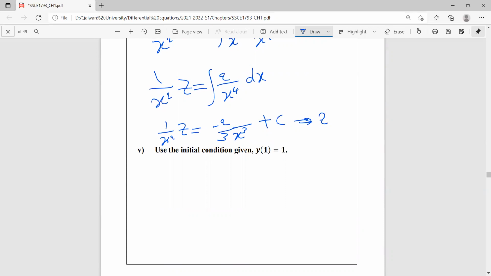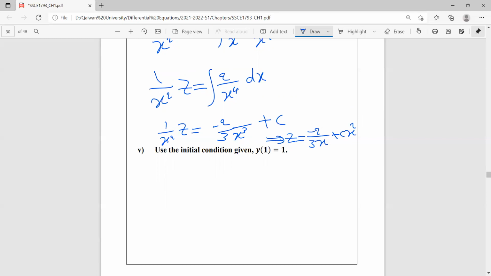And so z equals, you multiply both sides by x squared to get z on the left hand side, and we get minus 2/3 of x plus c x squared. Let me write it again. So z equals minus 2 over 3x plus cx squared.